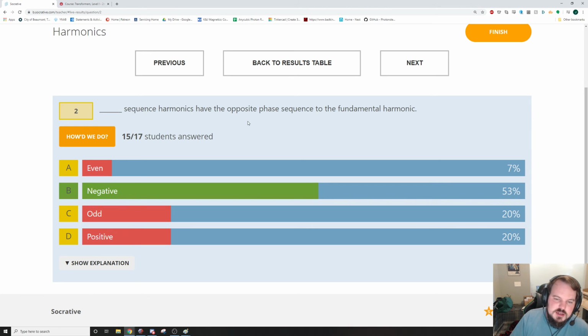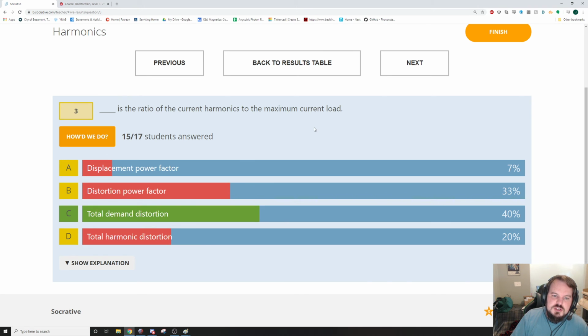Negative sequence harmonics: the fundamental frequency is the normal current. That's what you're looking for, what's supposed to be there. Negative sequence harmonics are 180 degrees out of phase. It's almost like a photo negative.